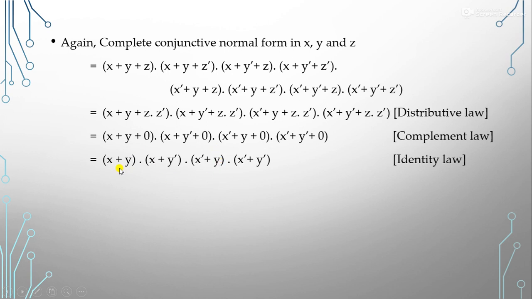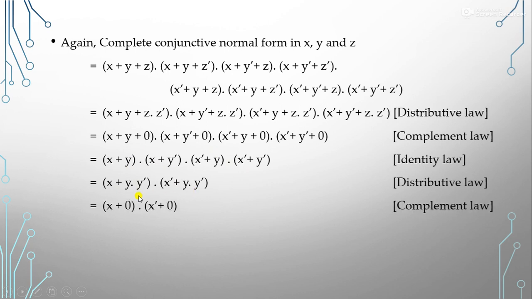Now in the first 2 terms we have y dash, so we can write x plus y into y dash, and these 2 terms we can represent by x dash plus y into y dash by the distributive law. Again y into y dash is equal to 0 by the complement law, and a plus 0 is equal to a, which means x plus 0 is equal to x, and x dash plus 0 is equal to x dash by the identity law.